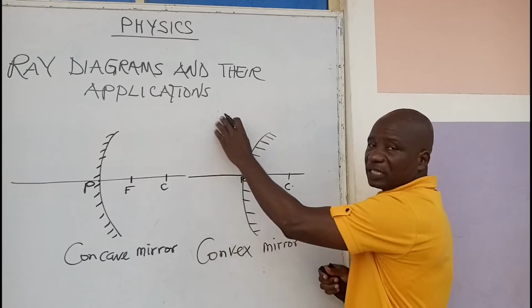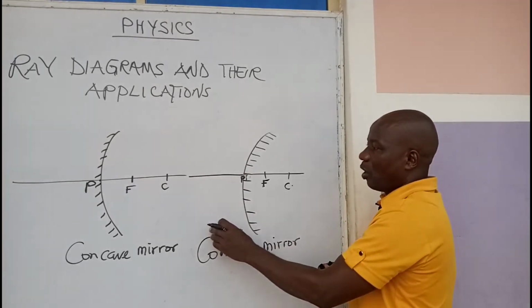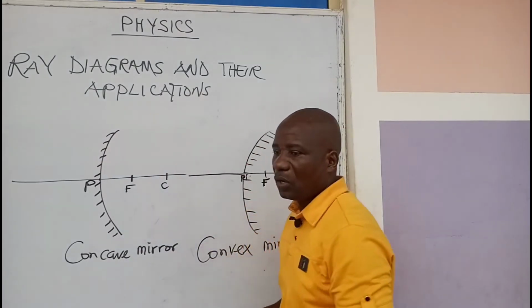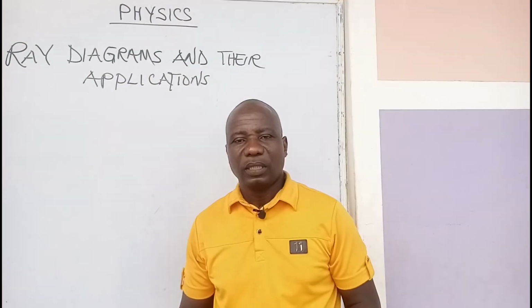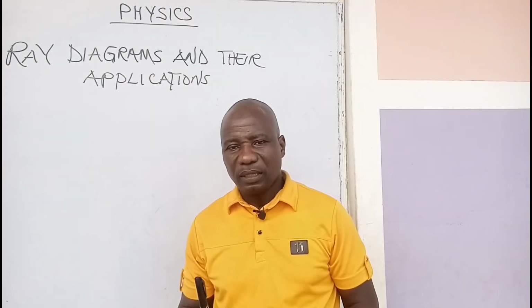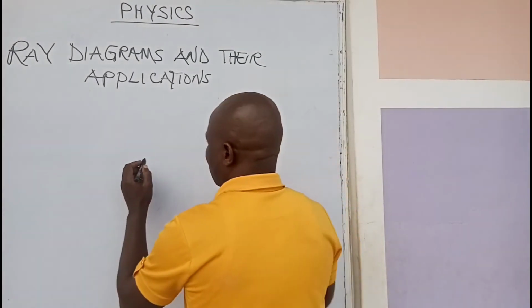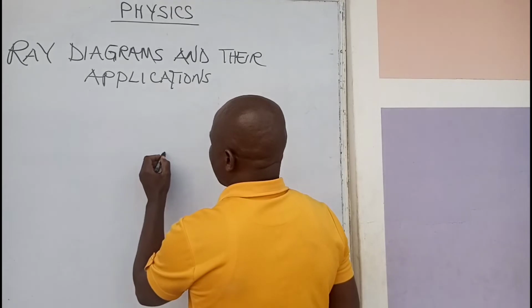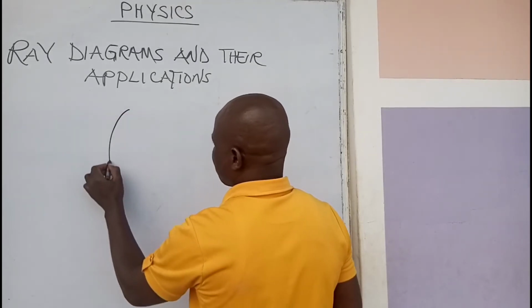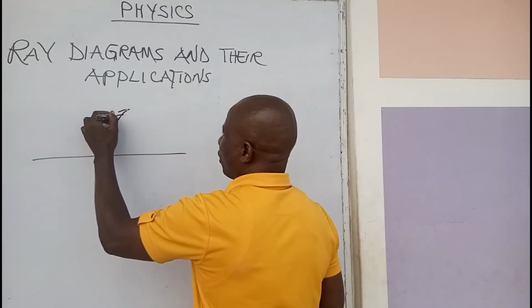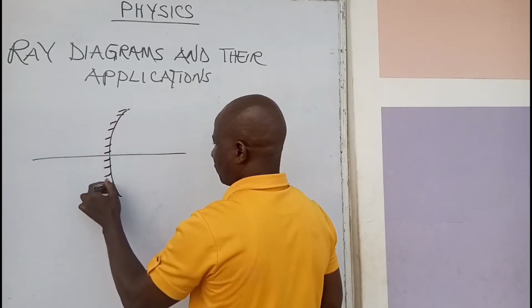This is the reflecting surface for a convex, while this is the reflecting surface for concave. Now, I usually tell the students to get this concept into their score. Now, as I said the other time, we are dealing with concave first.